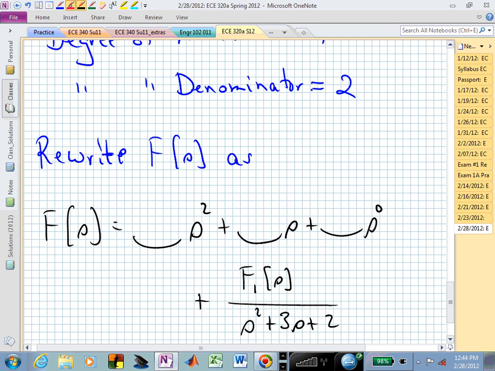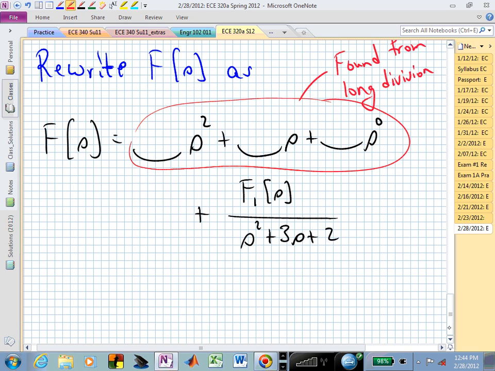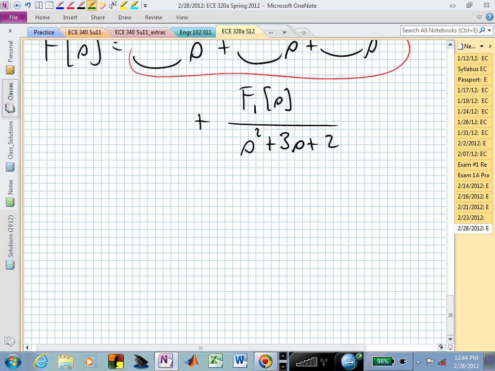And these terms are found from long division. And does everybody remember how to do long division? Not even synthetic division. Now we do long division.